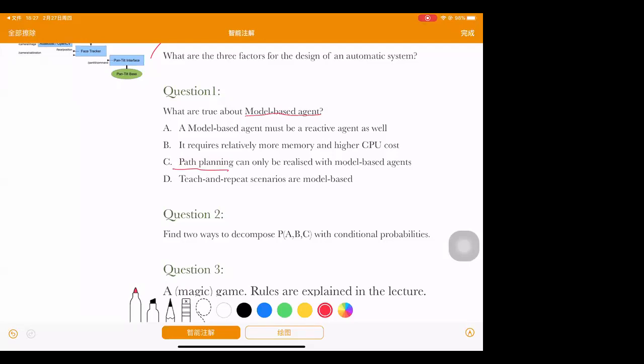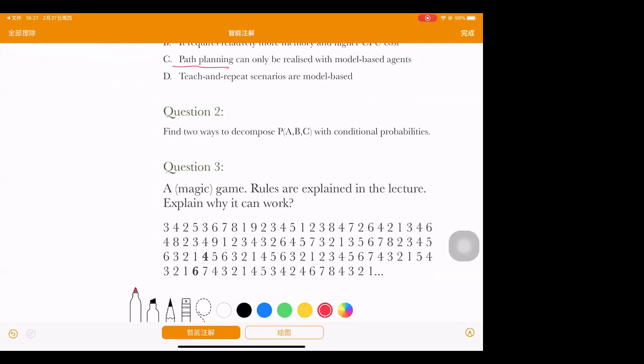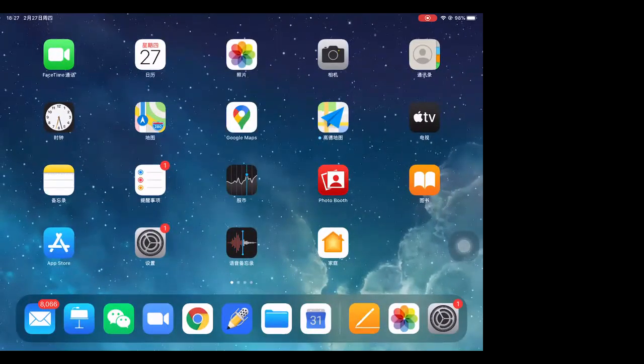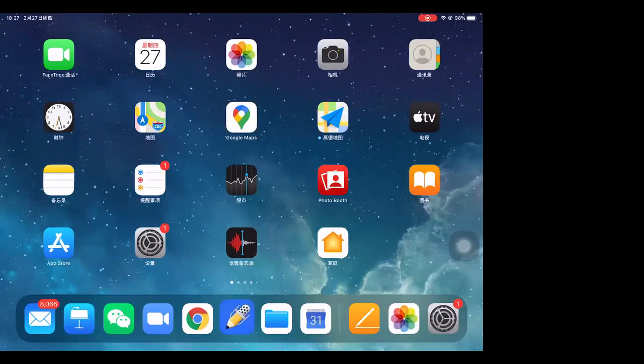Okay. Question two. This comes to a very important recipe, right? So it's typically a tip. Find two ways to decompose P(A,B,C) with conditional probability. How could you decompose this joint distribution P(A,B,C)? Here I use random variables, right?